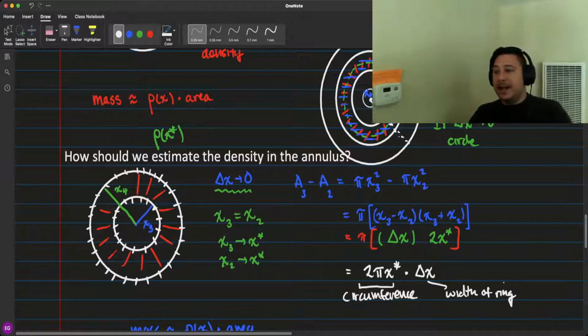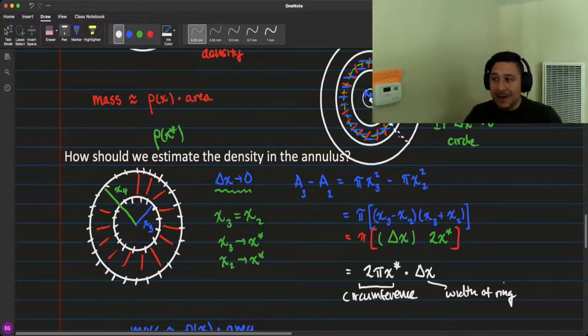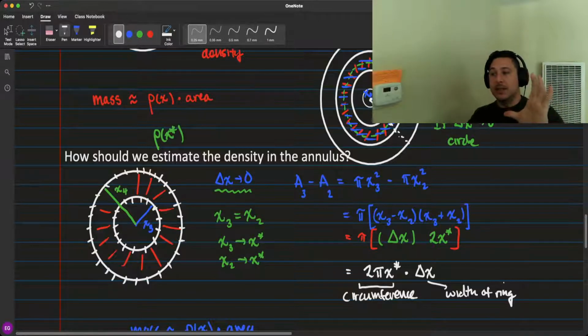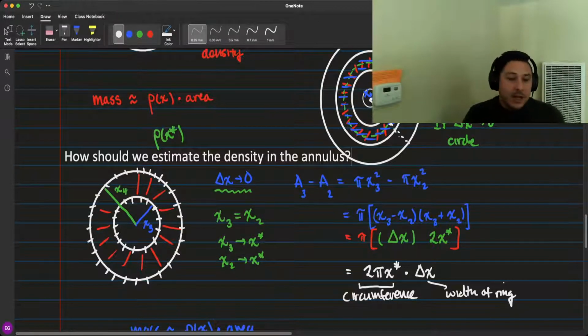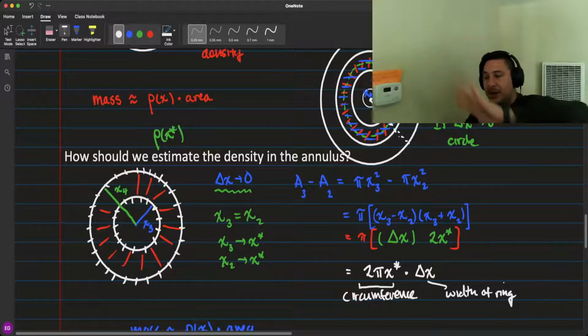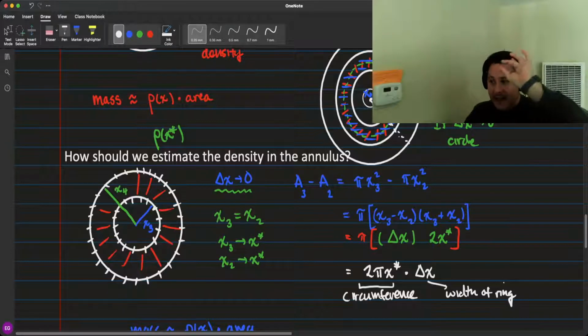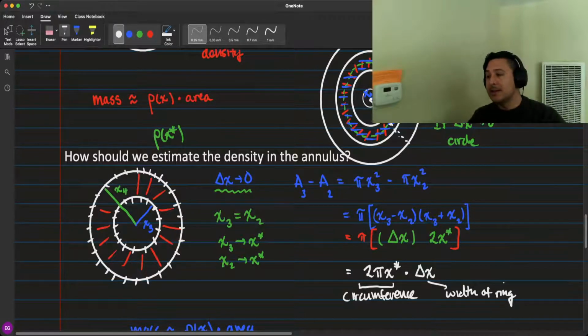And we came up with an idea. The density starts at some value on that inner circle and changes slowly to some value on the outer circle. What's the value we should use to estimate the overall density for the whole annulus? What was the idea I came up with last time?